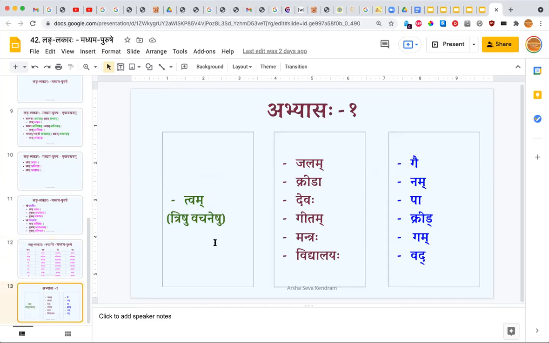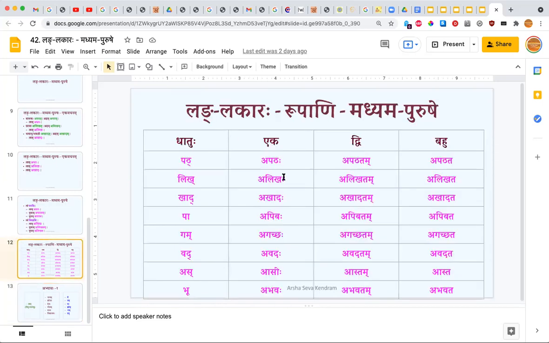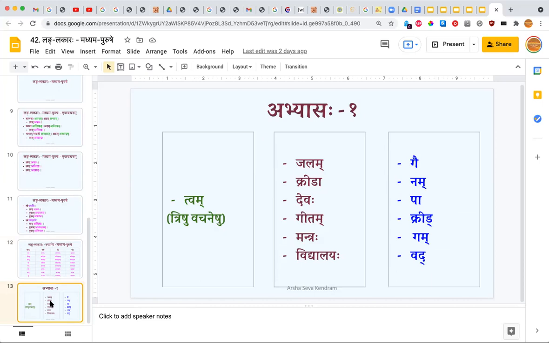Tvam devam anamataha. Tvam ekanimisham. There is no taha, it's only aha. It's not apatataha, it is apataha. So tvam devam anamaha. Tvam devam anamatam.